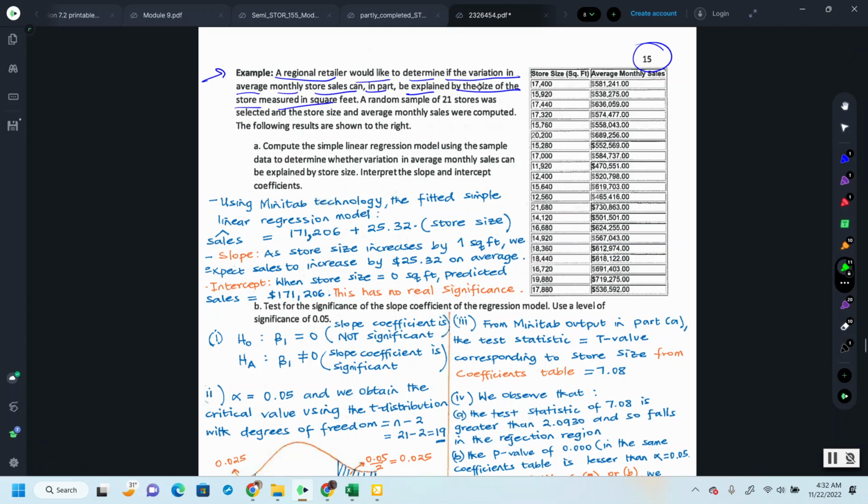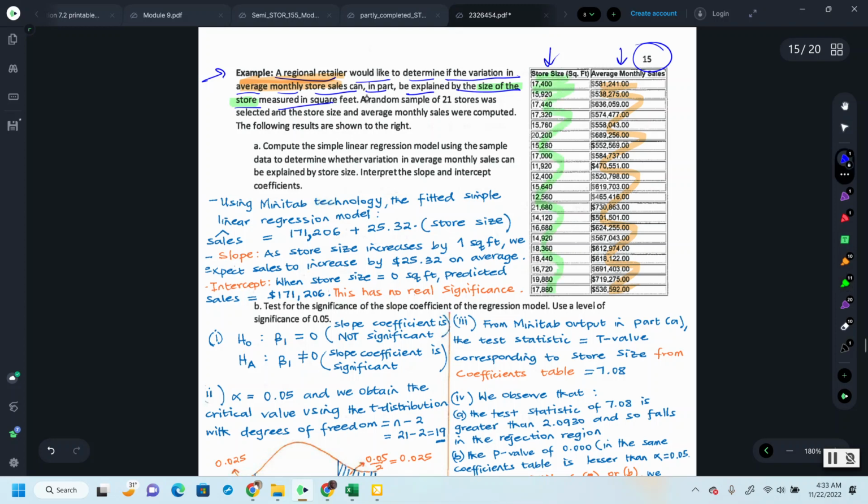And that is looking at the size of the store and the average monthly store sales. And we have a sample data here just for visual representation. What you immediately observe is that the average monthly sales is a numeric variable, so also is the store size.